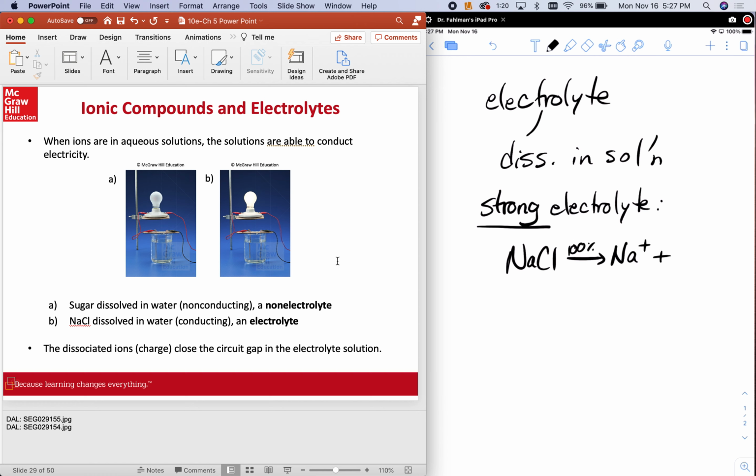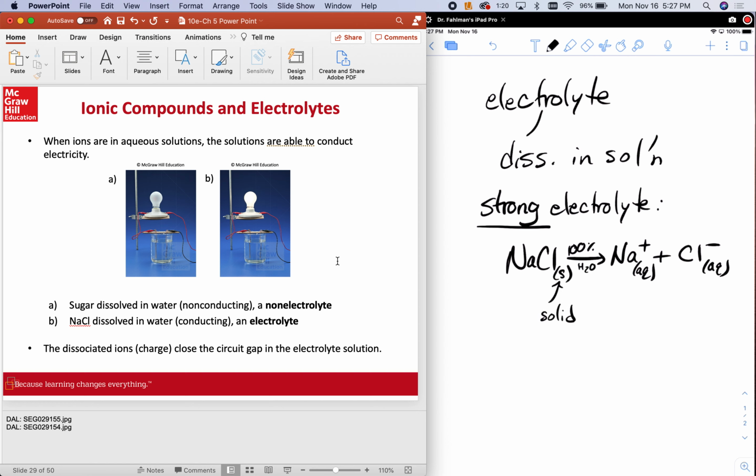So if you have a solid that is dissolving in water, the (aq) just means that you now have an aqueous solution. Or this solid has been dissolved 100% in water. So that's a strong electrolyte.